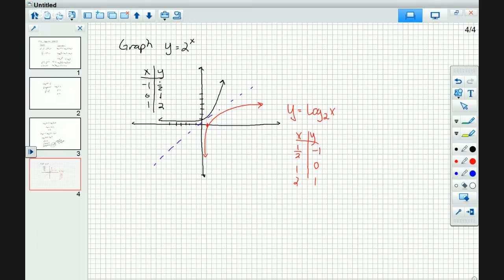I want to show you one more. Can I put it on this grid, or do you want to do one? What shift does that give us?